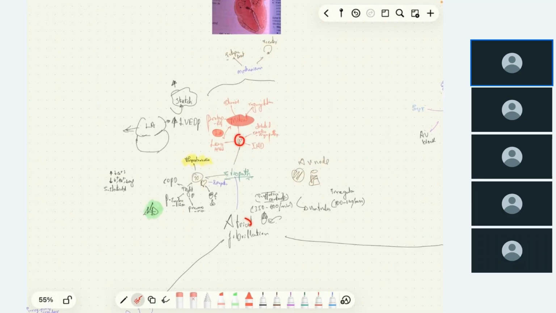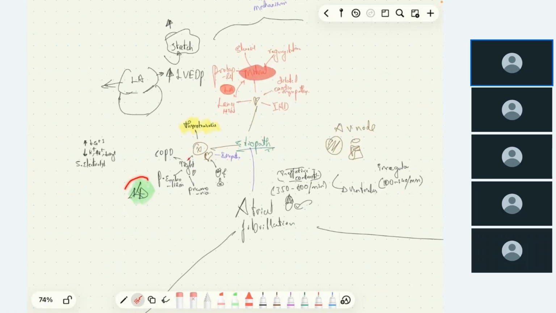What are the non-cardiac causes of atrial fibrillation? The non-cardiac causes are thyrotoxicosis, with increased T3, T4 levels, and right heart diseases. Pulmonary diseases like COPD, pulmonary embolism, and pneumonia cause right heart failure, and secondarily lead to atrial fibrillation due to stretching of the right atrium.